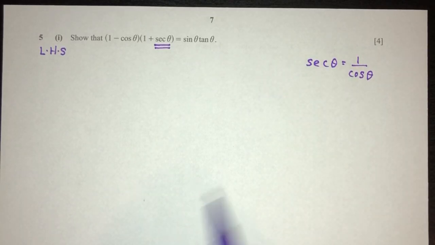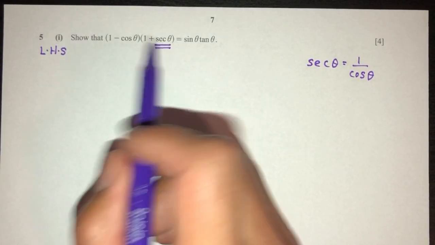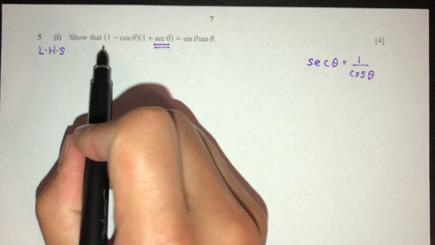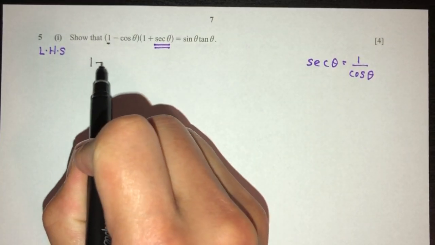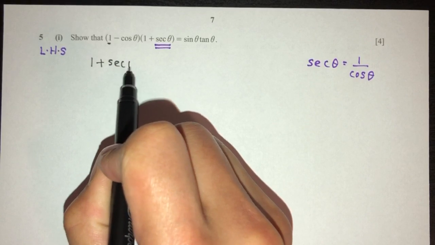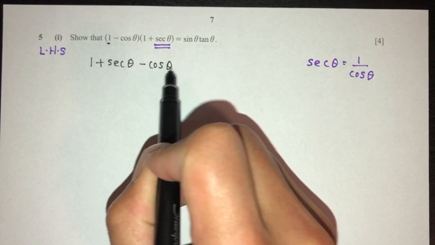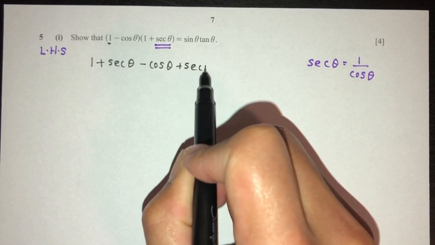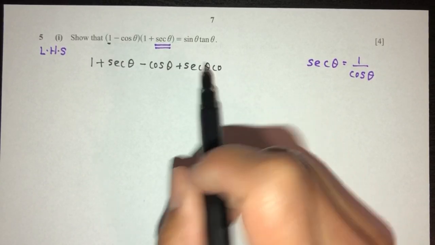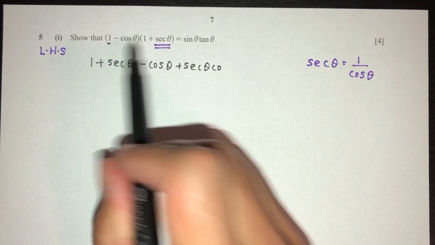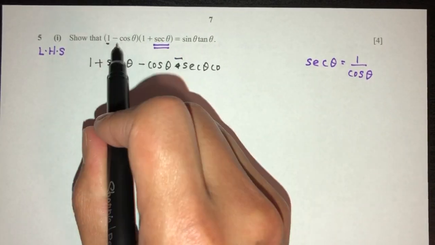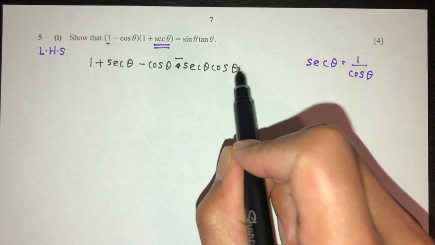Right. So let's replace that back, but first we can expand this.